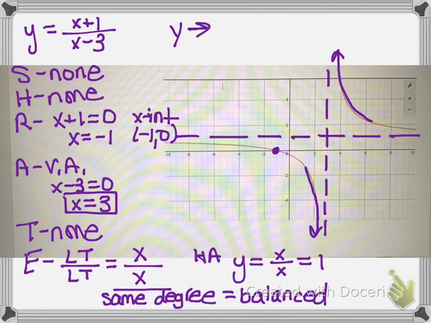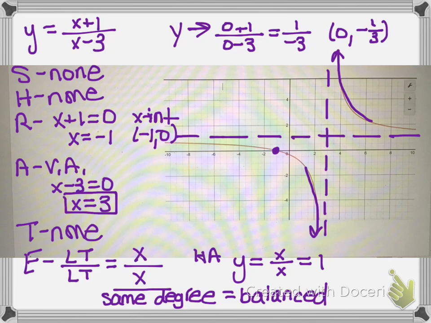Same way you find the y-intercept in any unit with any equation, you simply plug 0 in for x. And so we get positive 1 over negative 3. And so that means my y-intercept is the point 0, negative 1/3.